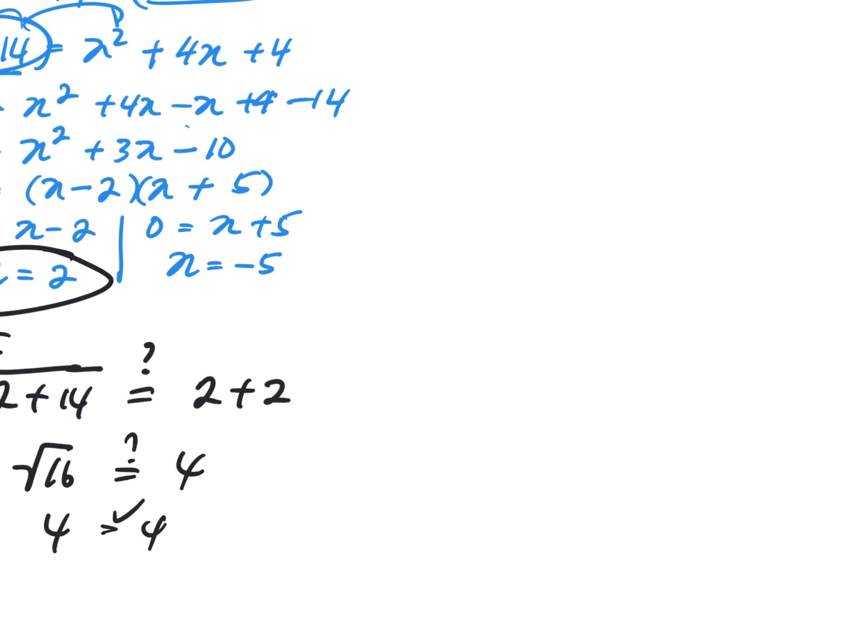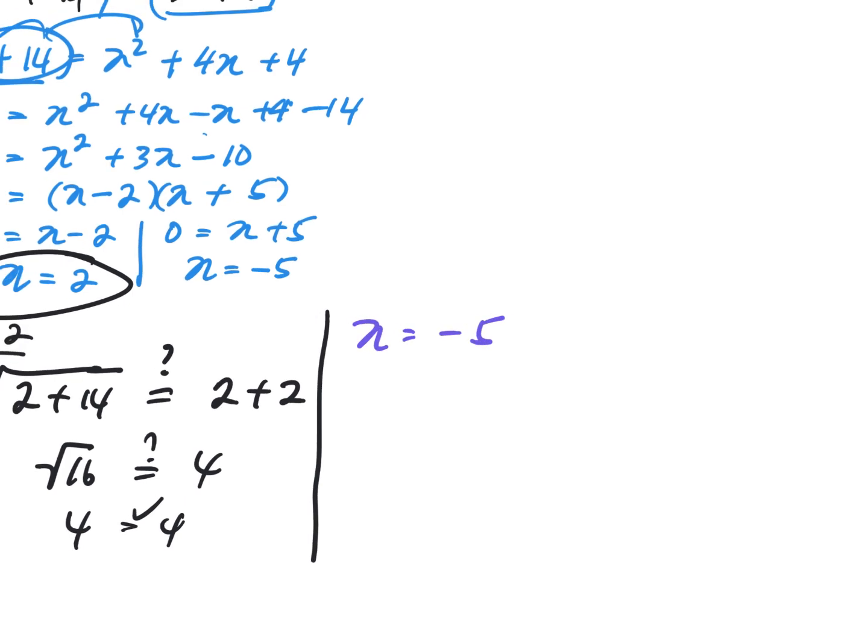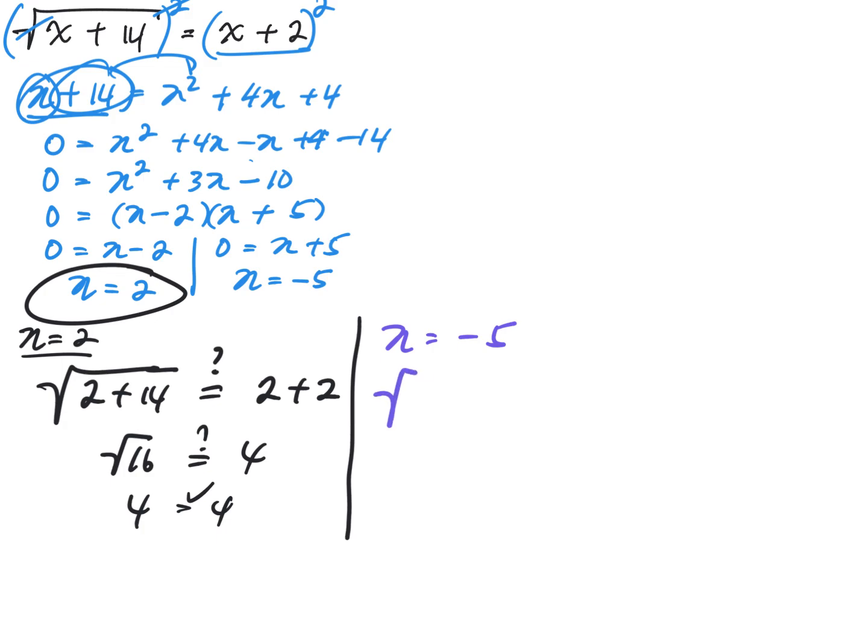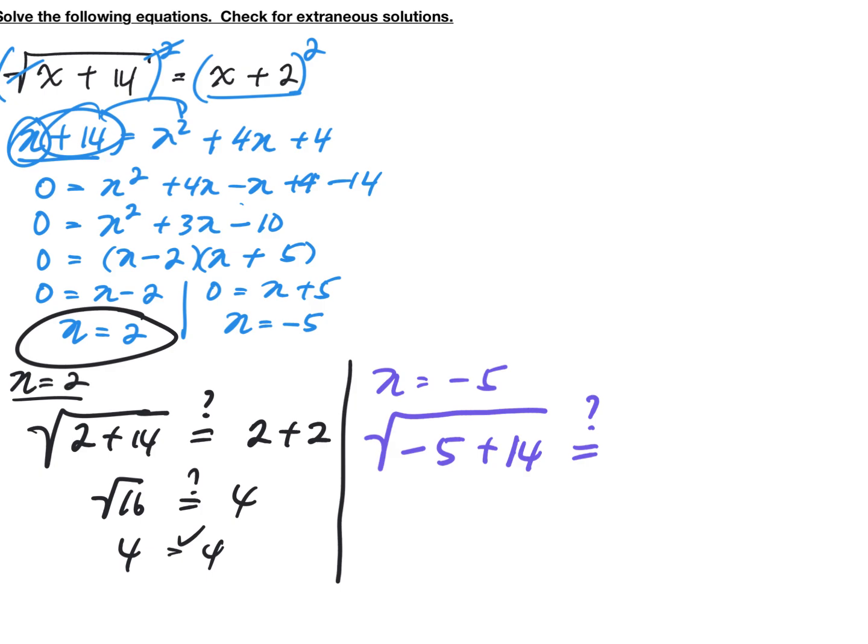What about when x is equal to negative 5? Okay, so that's going to give you the square root of negative 5 plus 14. Is it equal to negative 5 plus 2?